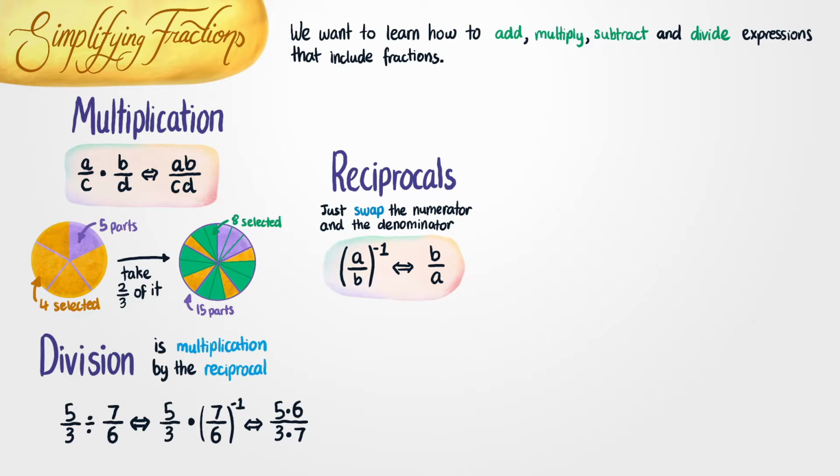So then after all of this, we can clearly see how to actually divide 5/3 by 7/6. All you have to do is multiply the 5 by the 6 to get the top, and then multiply the 3 by the 7 to get the bottom. So in other words, you multiply the top by the bottom, then the bottom by the top. Now again, there's nothing special about the numbers I've chosen here. So let me again replace them for A, B, C, and D.